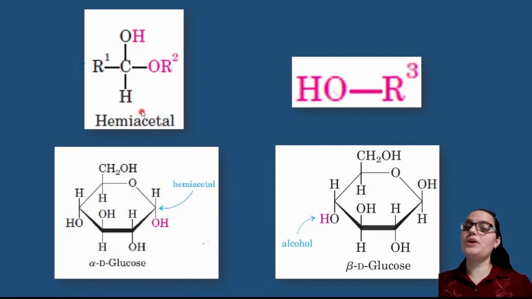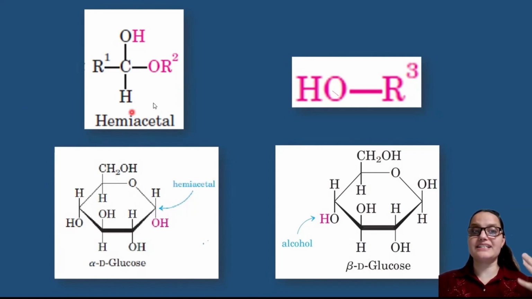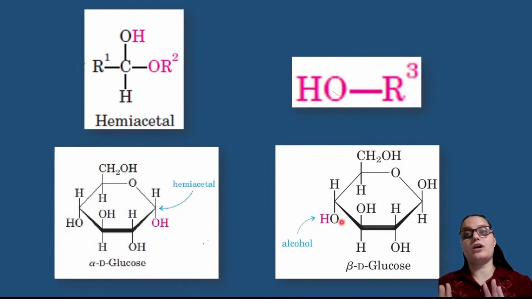So the molecule which is going to act as hemiacetal is this glucose unit, and the one which is going to act as alcohol is again a glucose molecule. So actually, if we try to understand, it is a role play. Both of the molecules which are going to form the glycosidic bond among themselves are capable of acting as hemiacetal as well as alcohol. It is just the way they decide.